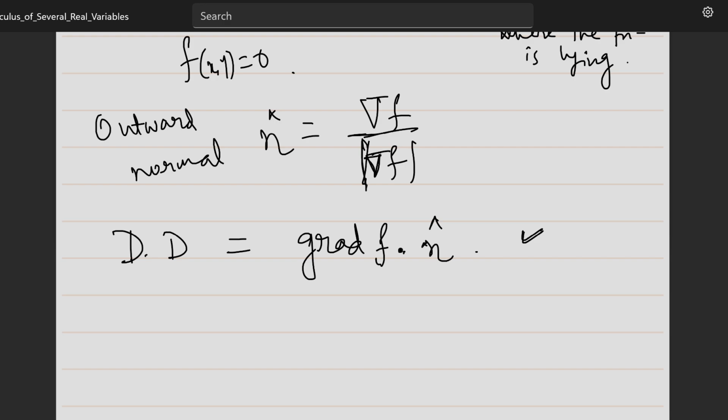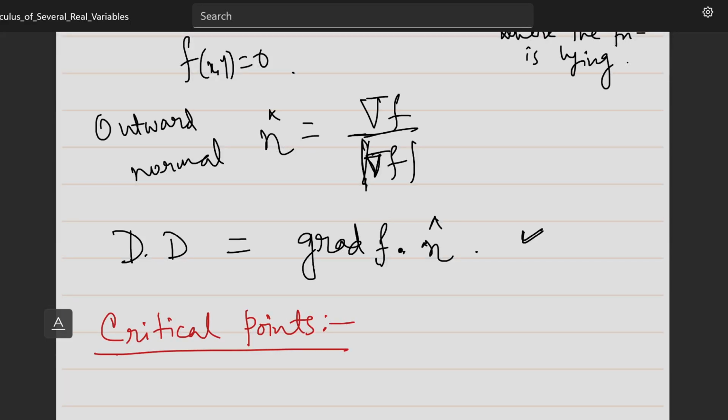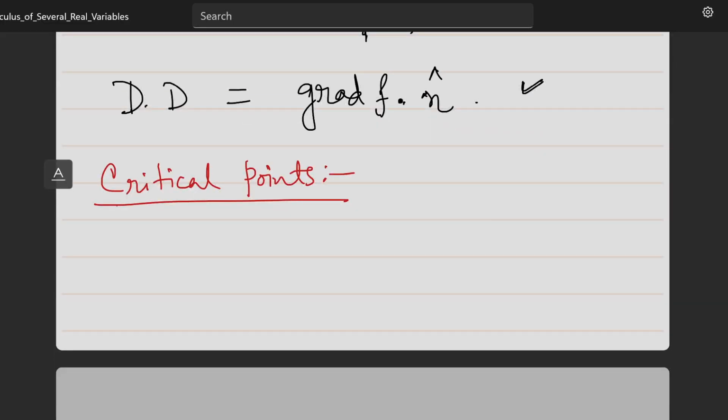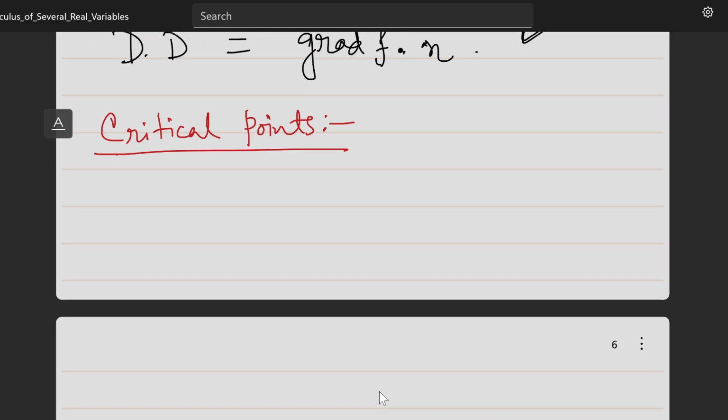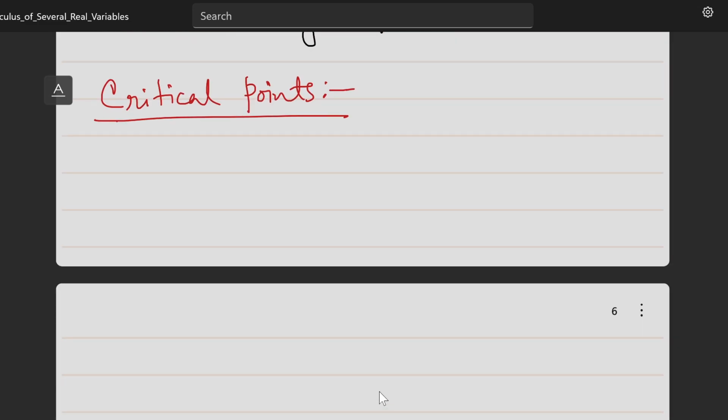So, what do you mean by critical points? Now I'll move to critical points. This extra session is only for recapitulation of what I did, and if you have any question, you can ask and I will try to solve the problem. But let us first recapitulate. Tell me what are critical points. The point at which the slope or the derivative of the function becomes 0.